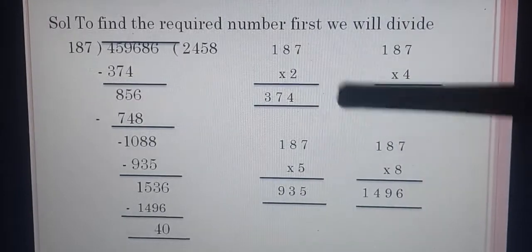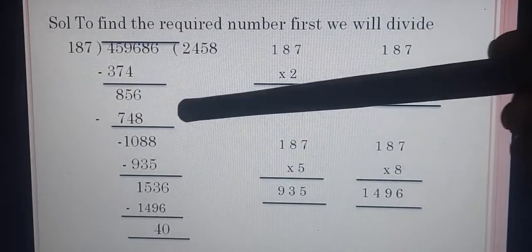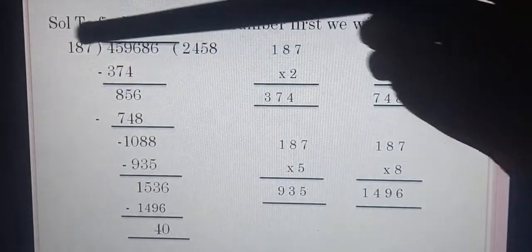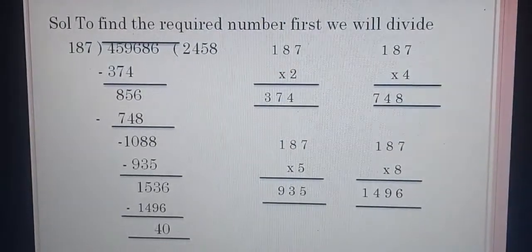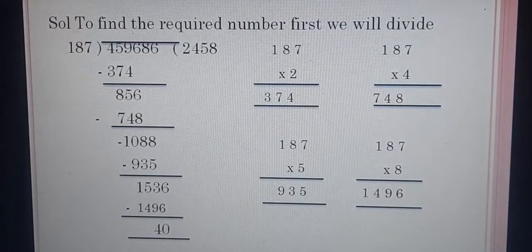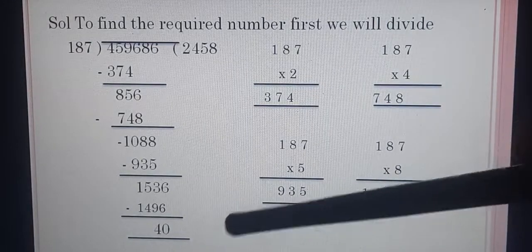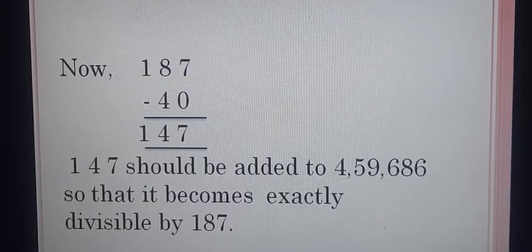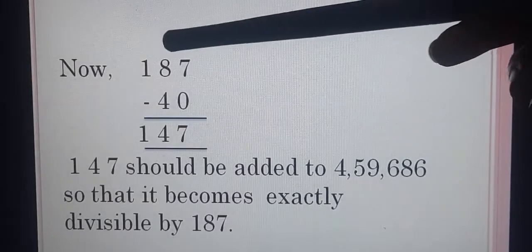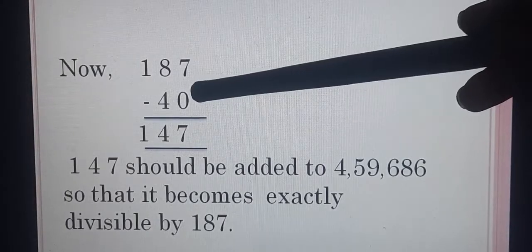क्वेश्चन था कि क्या ऐड किया जाए कि ये गिवन डिविडेंड इस डिवाइजर से पूरा डिवाइड हो जाए. मीन्स हमारे पास रिमाइंडर कुछ भी नहीं बचे. रिमाइंडर शुड बी 0. नाउ वी विल चेक दैट 187 minus 40. How much is this?